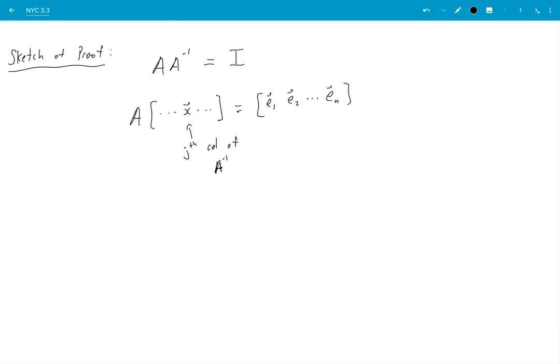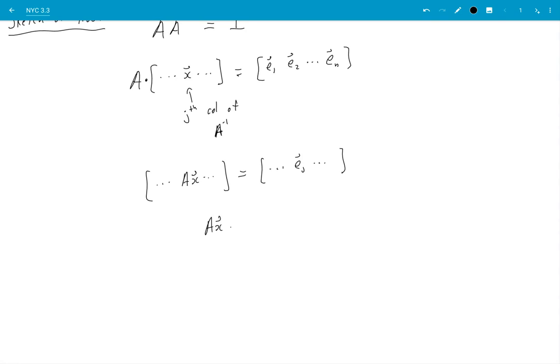Okay, if you think about this multiplication, A times A inverse, what you get is A times X here, right? That was our definition. And you'll get EJ that it corresponds to on the right-hand side.